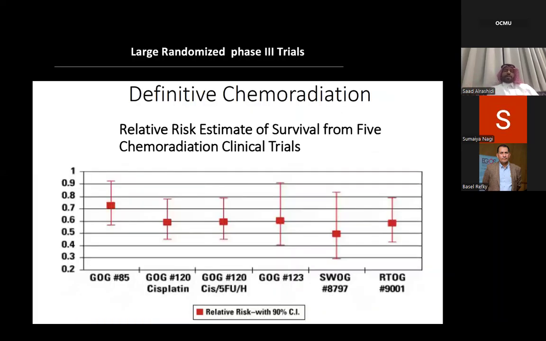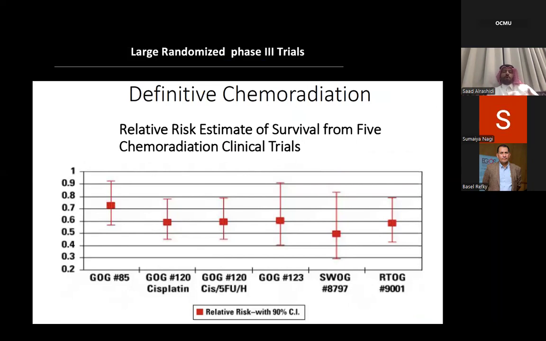Now we move into if the disease is more locally advanced, very simple. Honestly, you didn't need to think about the staging, etc. If more than 4 cm, bulky disease, now you think about what else. If there are positive nodes, it's considered locally advanced. I know there is some controversy between the trials and the definition, but it's clear.